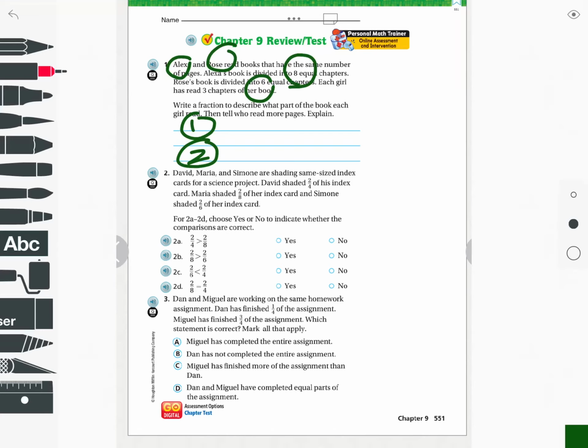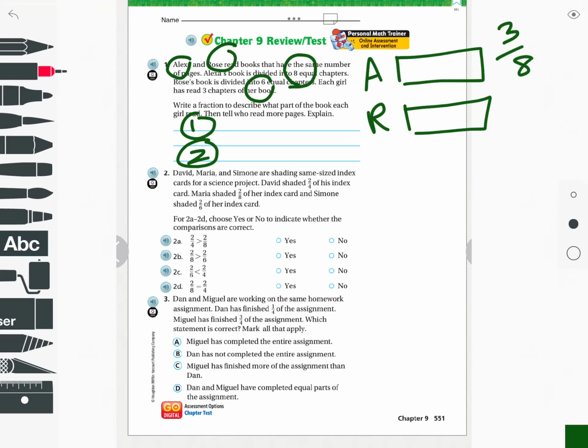That's the second. So I'm going to draw rectangles to represent the amount of books that Alexa read and the amount of books that Rose read. So Alexa read 3/8 chapters.